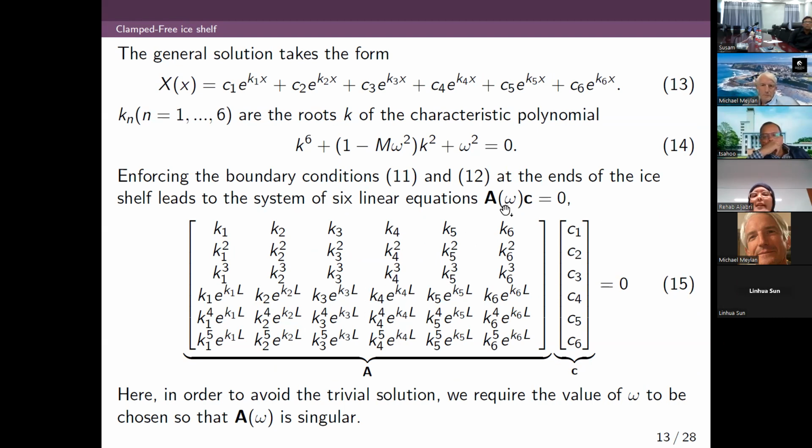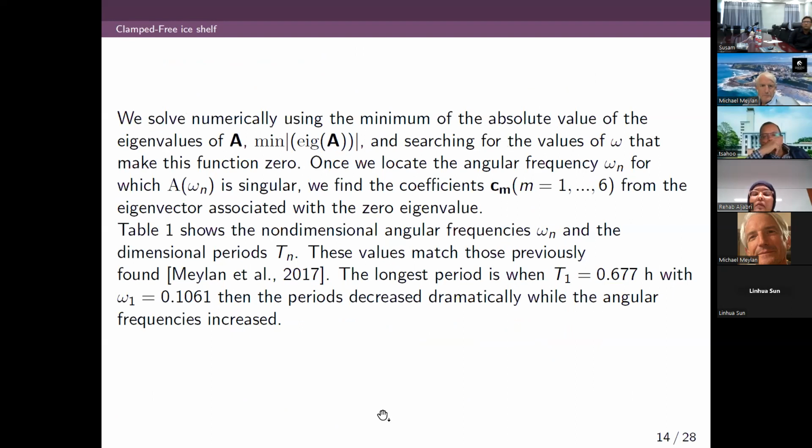So we're going to search inside the matrix A to find the angular frequency that satisfies our assumption. We solve numerically, using the minimum of the absolute value of the eigenvalue of A, and then search for the value of omega that makes this function 0.